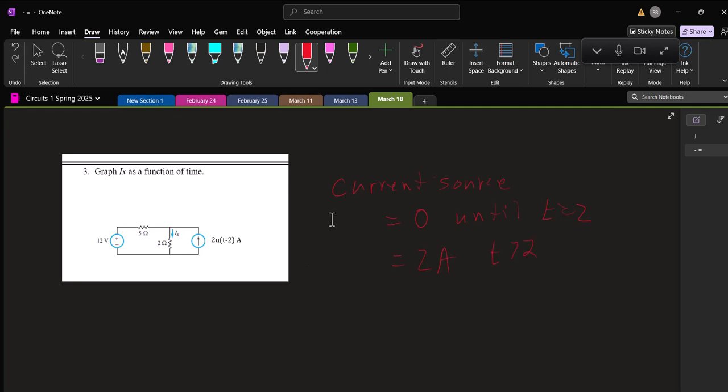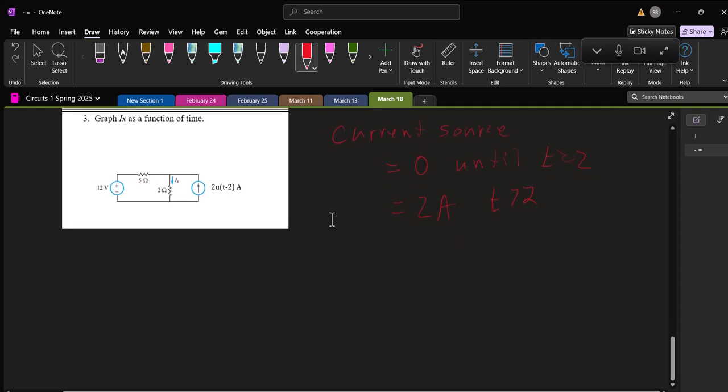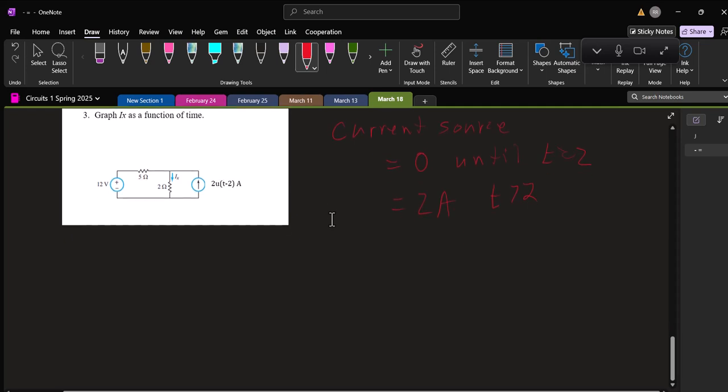And you're going to be working with a lot of circuits for the rest of the semester that are switched on or off like this. And so you have to look at them in two different times. So before t equals 2, our circuit looks like this.